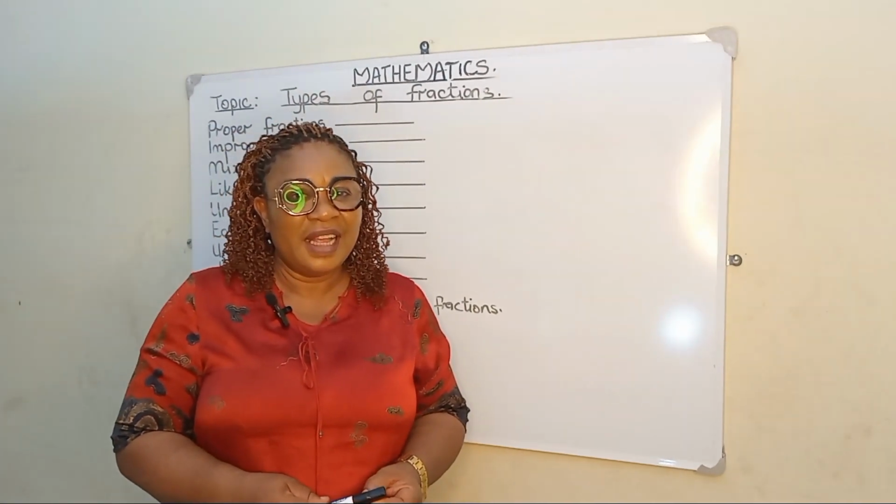Unit fractions are those fractions that the numerators are 1. Okay? 1 over 6, 1 over 10, 1 over 12. You see, the numerators are 1. Unit fraction. Yes, we call them unit fractions.